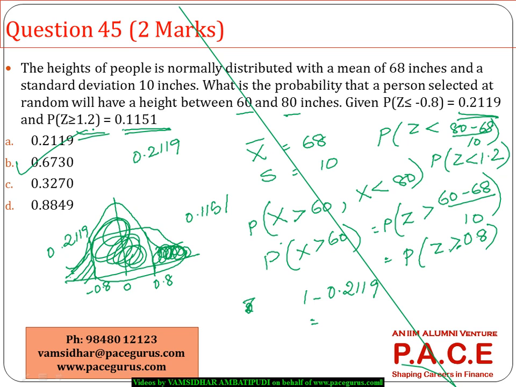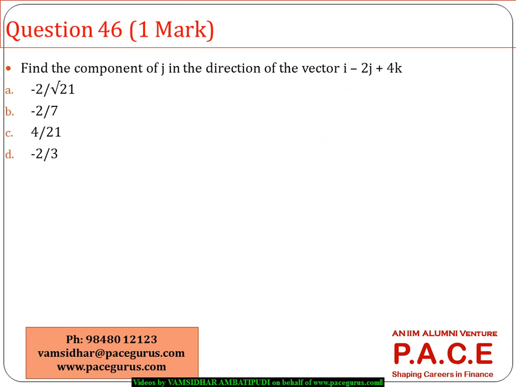Alright, let's move on to the next question now. Find the component of J in the direction of the vector. Straightforward question. The component of J is nothing but whatever is the coefficient of J, which is minus 2, divided by its magnitude.